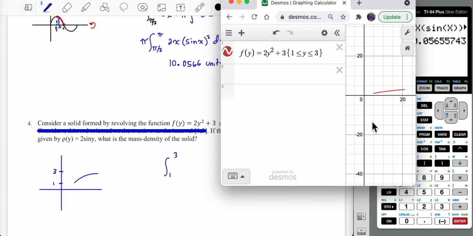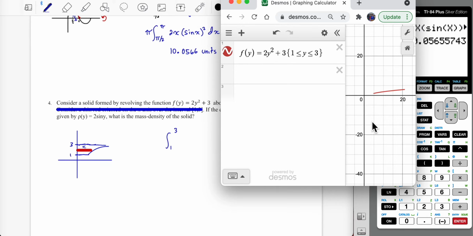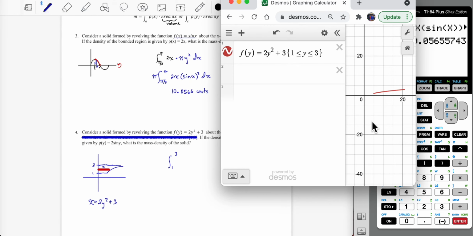So in terms of the bounding here, the assumption is, and I guess I could make this a little clearer in the framework of the problem, that we're looking at the part of the graph that's bounded between itself and the y-axis, which would be represented with an x. All right, so that's good to go there. X is equal to 2y squared plus 3. All right, so that's going to be my radius.